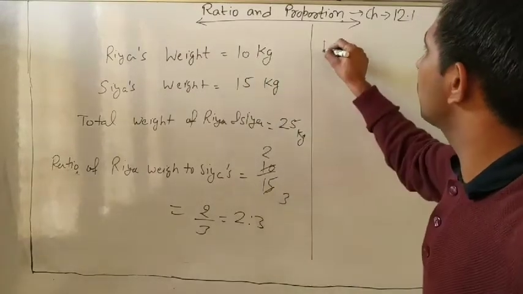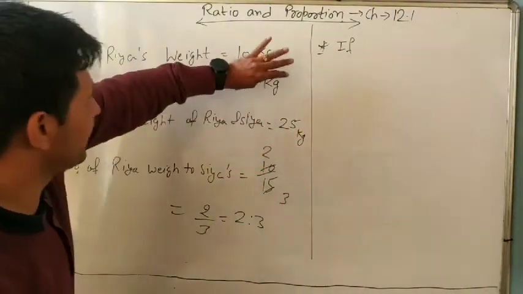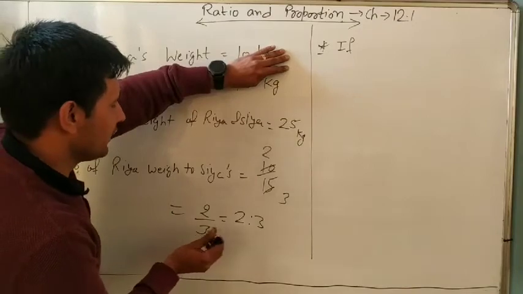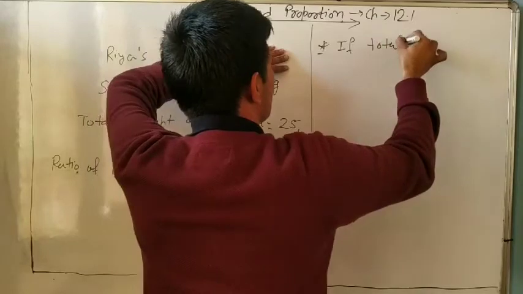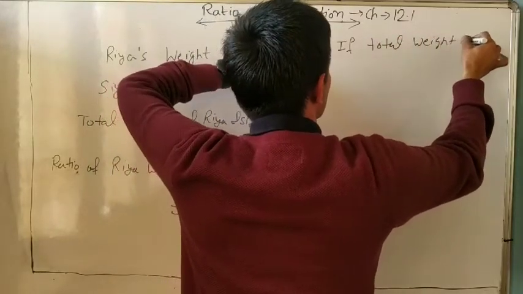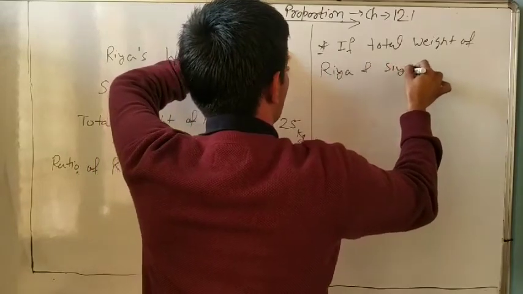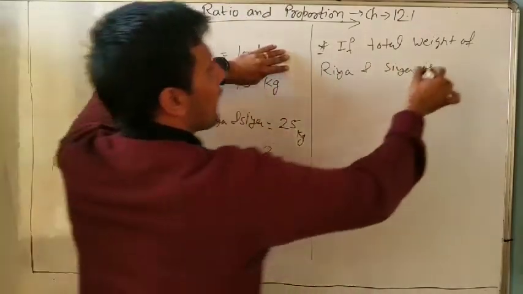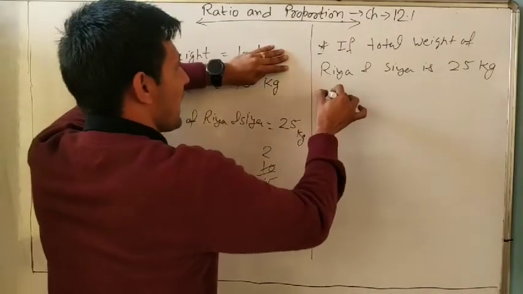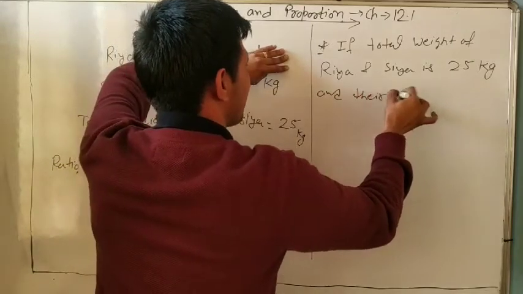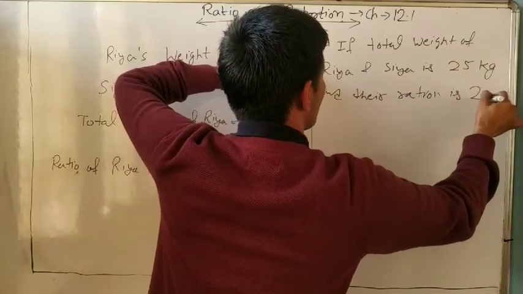But if in the question it is given that the total weight of Riya and Sia is 25 kg, and their ratio is 2:3.